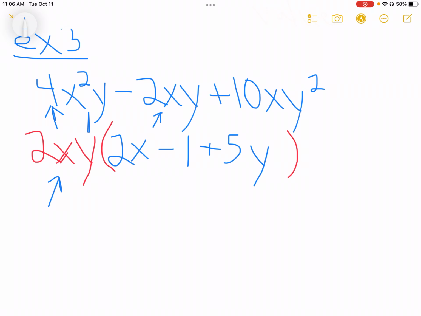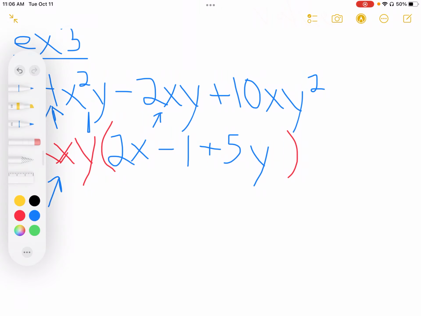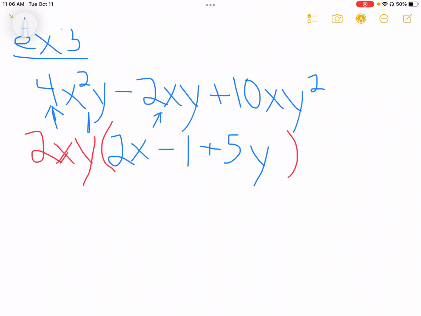And to show you this real quick, let's go ahead and multiply this stuff out here. If I want to multiply this out again, I use my distributive principle, right? And I say, okay, do this term times this term, and then this term times this term.